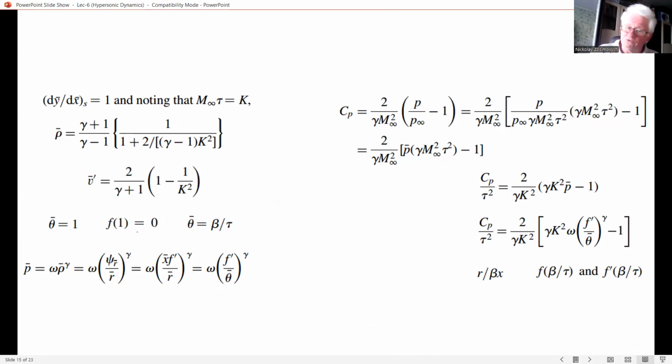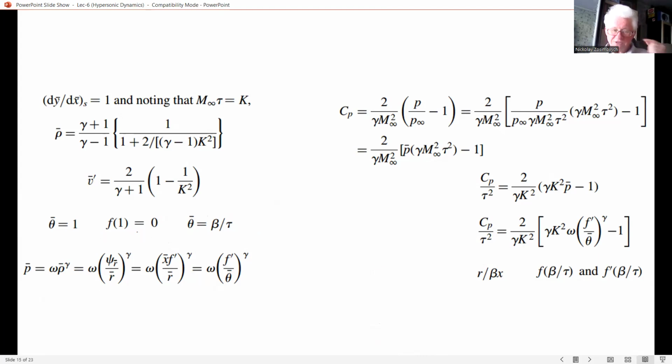Satisfied or not? How do you think? If not, assume a new value of beta over tau and repeat our steps 2 and 3, as I mentioned a couple of minutes ago. Repeat this process until the proper value of beta over tau is found such that our function of 1 equals 0.